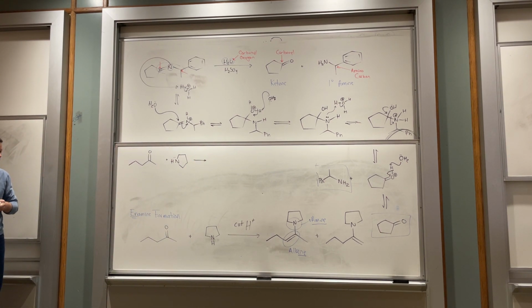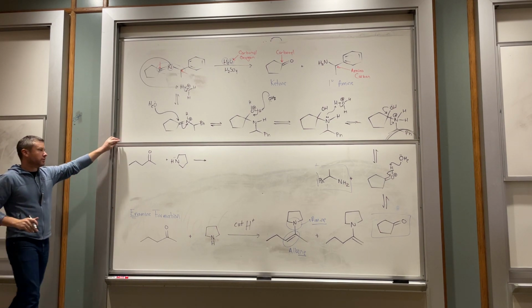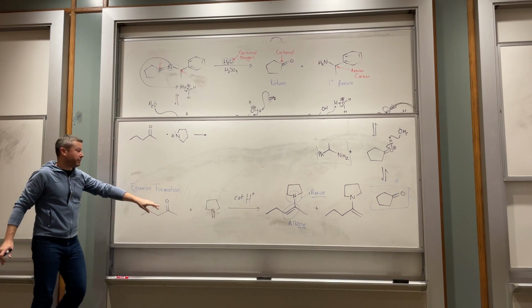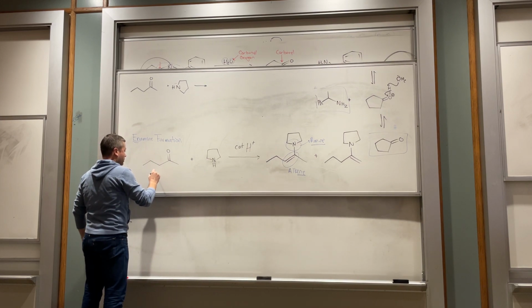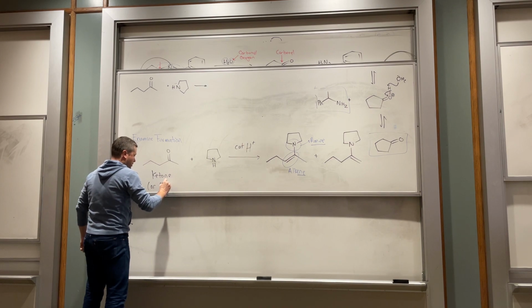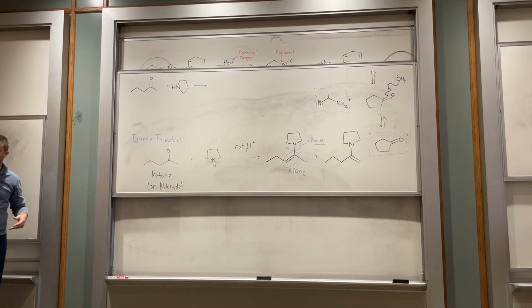Okay, so let's take a look at the mechanism, see how both of these enamines can be formed. Remember, for the enamine, we're starting with an aldehyde or a ketone. Hopefully by now you realize that aldehydes and ketones react in almost exactly the same way.